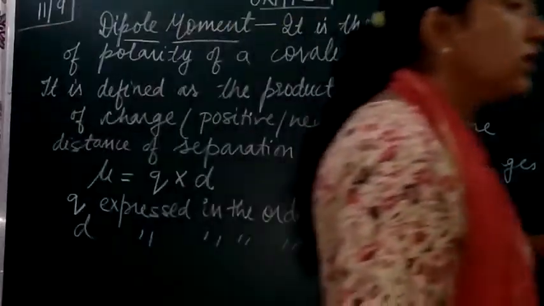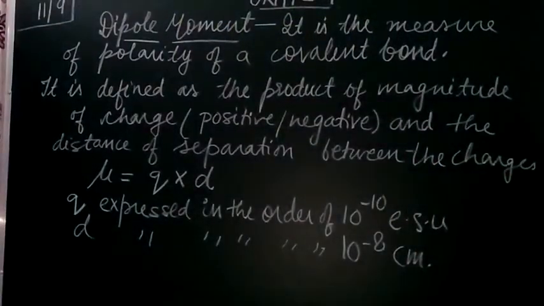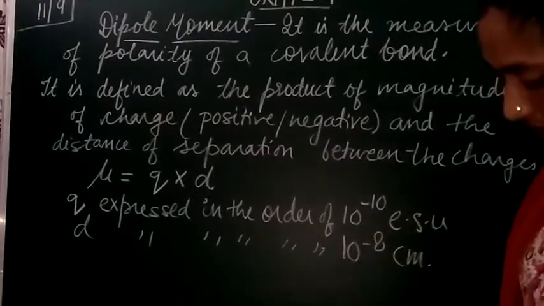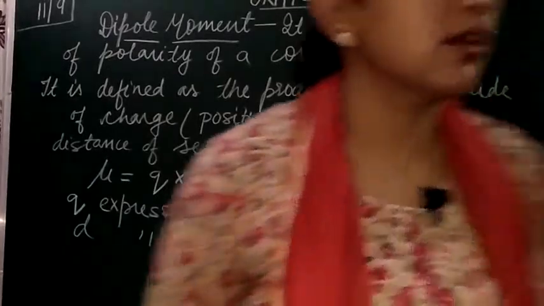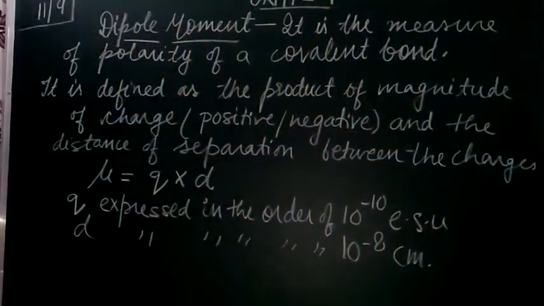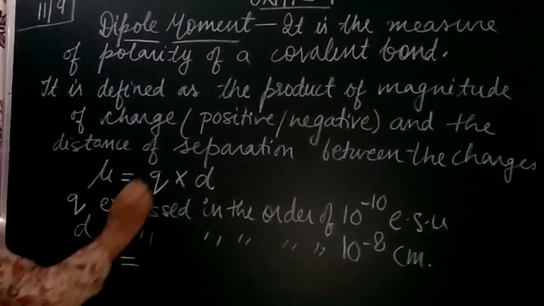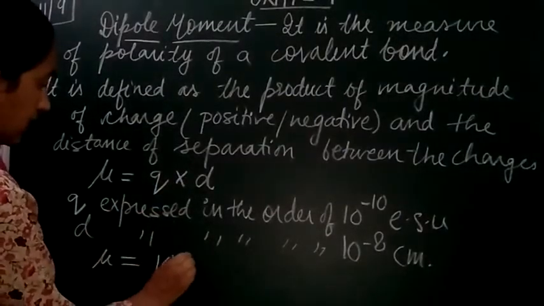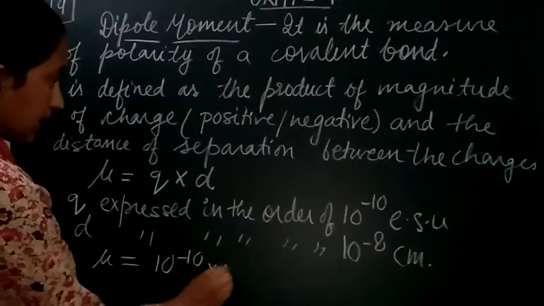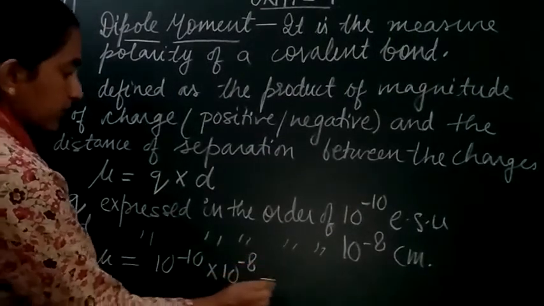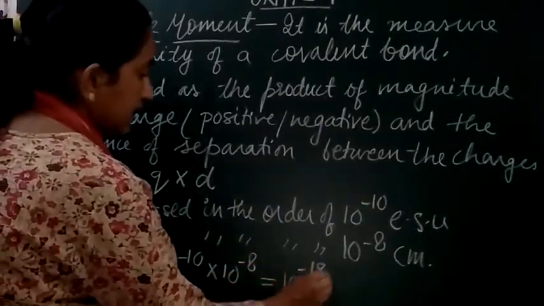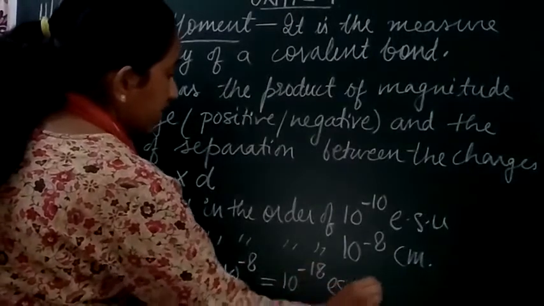So the magnitude of q will be in the order of 10 to the power minus 10 ESU, and the distance in the order of 10 to the power minus 8 centimeter. Hence, if you place them together, it will be equal to 10 to the power minus 18 ESU centimeter.